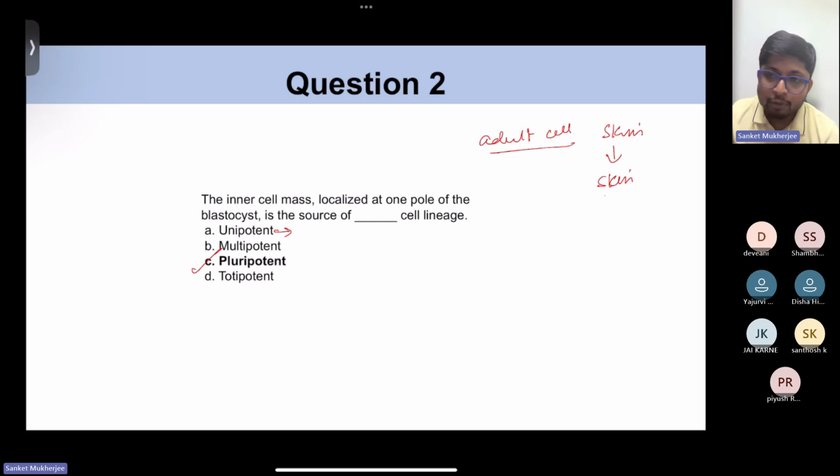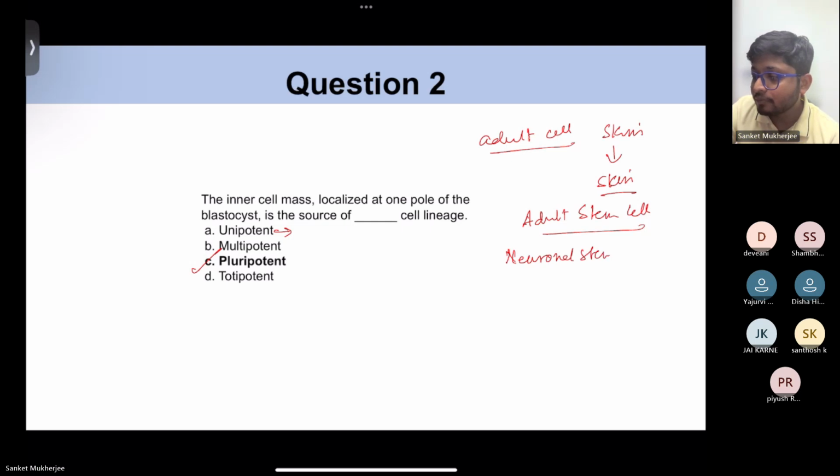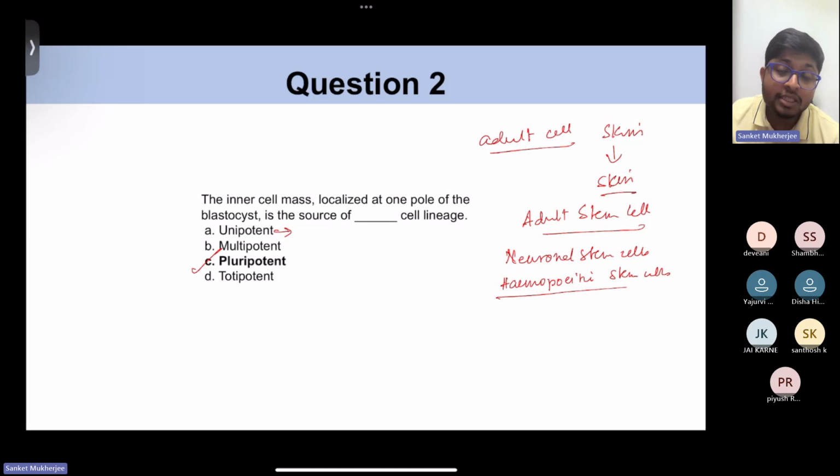When we talk about multipotent cells, these are stem cells. Examples would be adult stem cells, like neuronal stem cells or hematopoietic stem cells. They can lead to multiple cell types, like a hematopoietic stem cell can form RBCs, WBCs, multiple kinds of cells, but only the cells that are involved in formation of blood.